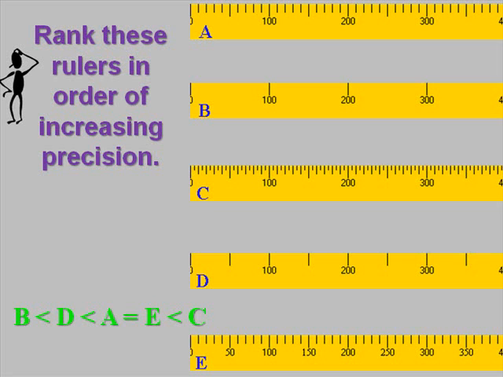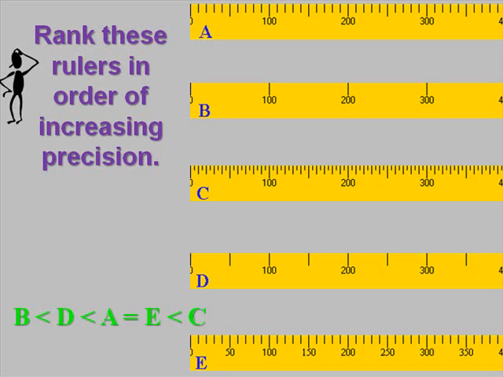Now if you go to D, you'll notice that the distance from 0 to 100 is the same as it was in B. However, the D ruler has the halfway mark indicated.